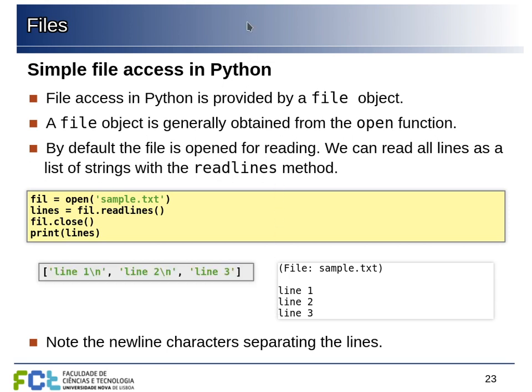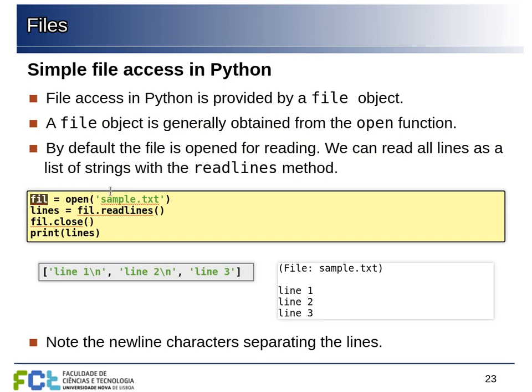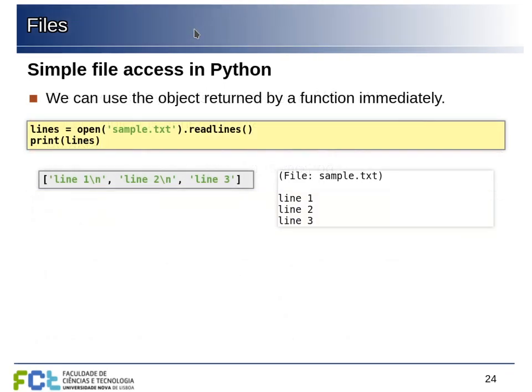Usually when we read files, we will just do it in a single line, because when you call open with the name of the file, you get that object that has the readLines method, the file object. So you can just call the readLines method on the result of this operation, and you get the list of strings for the file. Since the file object is not assigned to any variable like we did here, Python knows it will not be used again, and it will eventually close it and get rid of whatever memory it's taking up in your RAM.